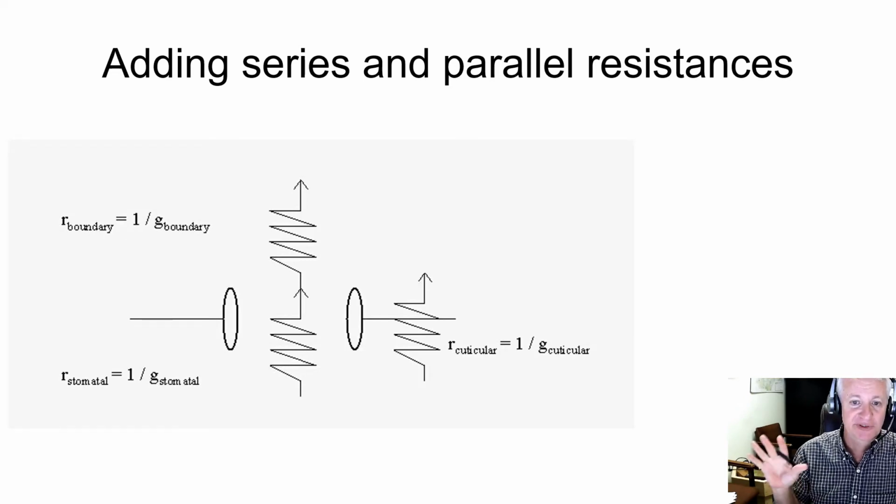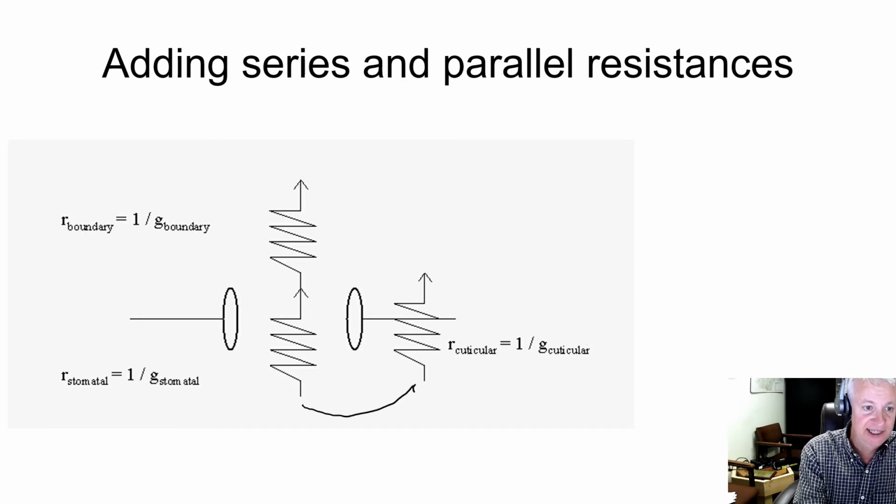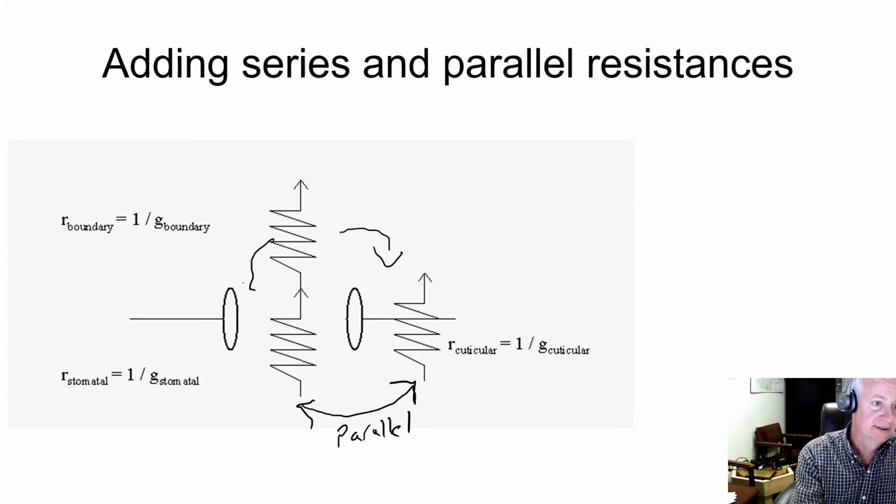Then, in moving from our electrical diagram back to the leaf diagram, what that means is that the stomatal resistance and the cuticular resistance are resistances in parallel, while the boundary layer resistance, relative to both the cuticular and stomatal resistance, is in series.